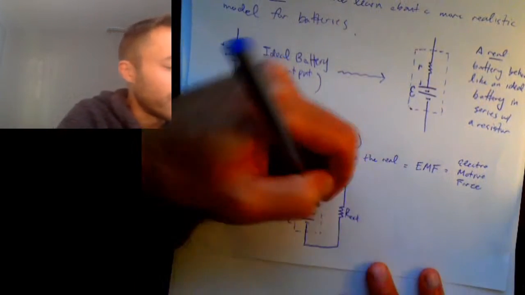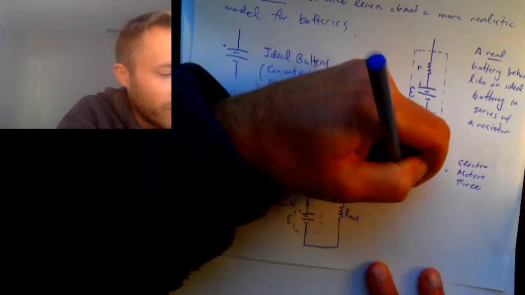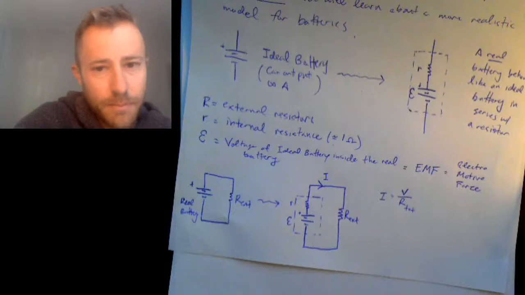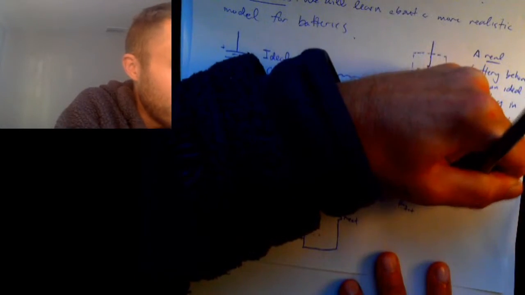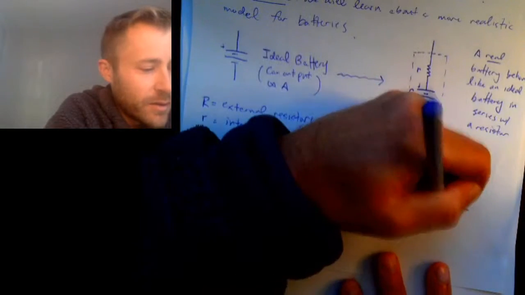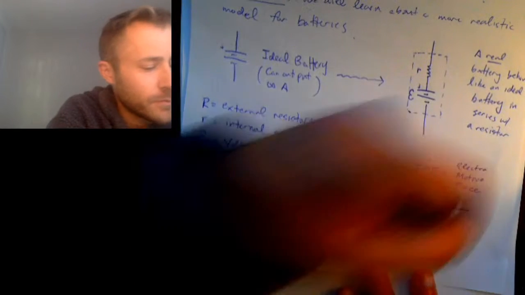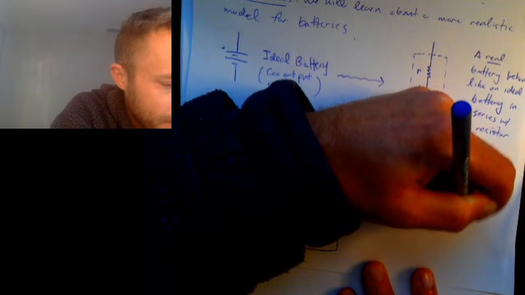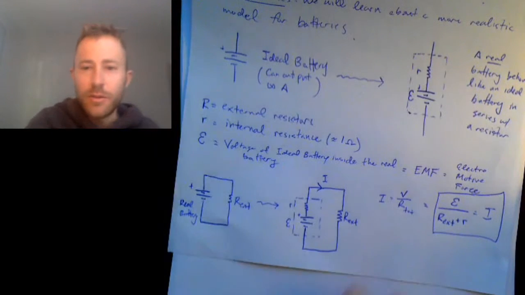So the current that is going to flow is going to be the voltage divided by the total resistance, where now we are including the external resistance. So the current that flows is going to be the EMF divided by the external plus the internal. This is going to be the amount of current that will flow.